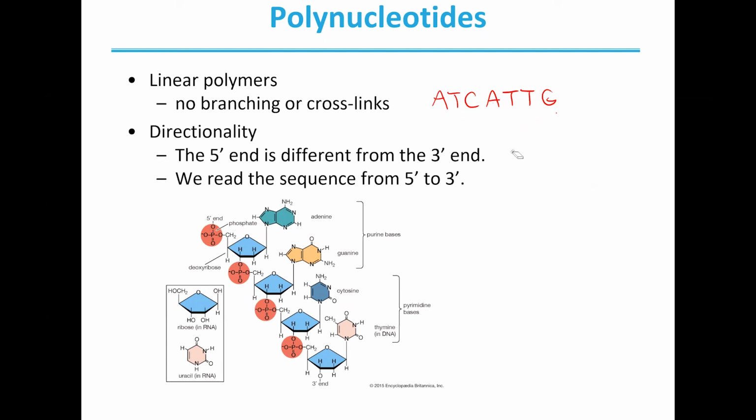Now, as I just said, we always read these chains from a 5' to 3' end. Again, similar in nature to our amino acids, where we always read from the amino end to the carboxyl end, we have a way to write and read our nucleic acids. So this is usually shown by putting 5' and 3' written next to our one-letter codes. This distinguishes which end is which.